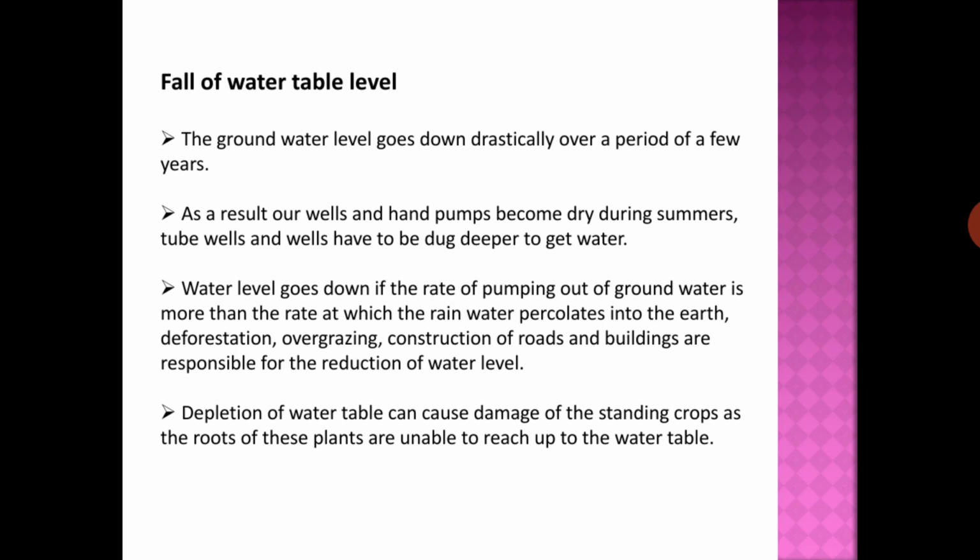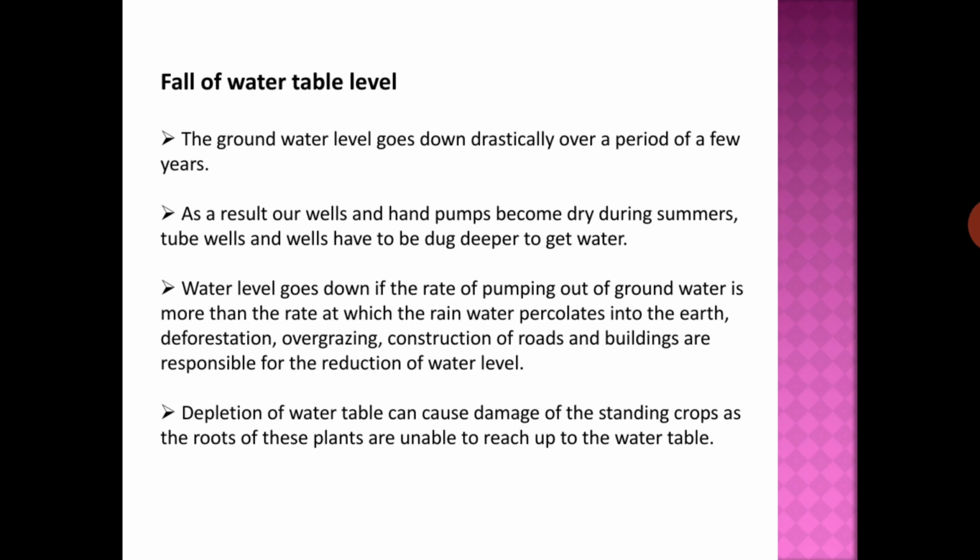Tube wells and wells also have to be dug deeper to get water. We all know this: they go dry during the summer season because the groundwater level is decreasing.